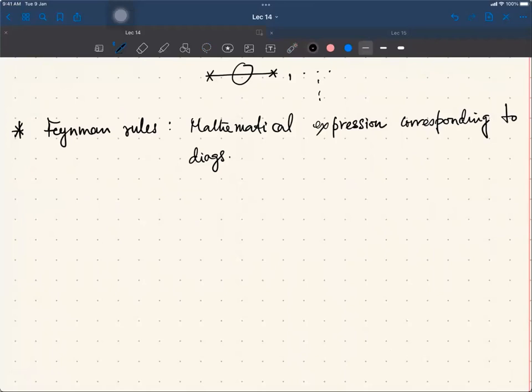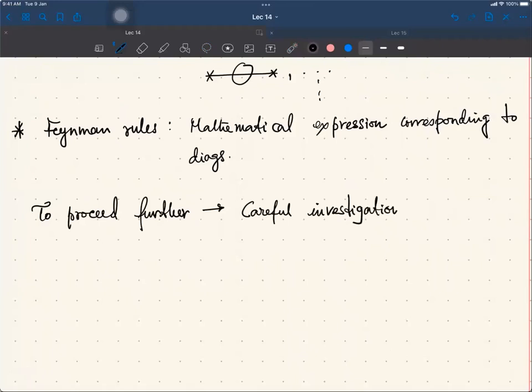So now to proceed further, we shall carefully investigate these mathematical expressions, and what we will see is that this mathematical expression produces divergences. So a careful investigation tells us that these math expressions have divergences.